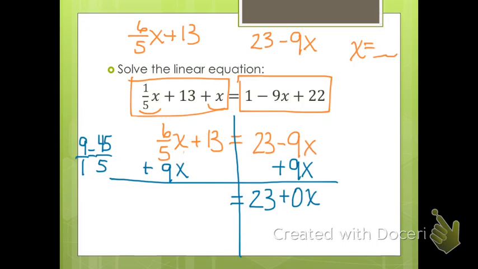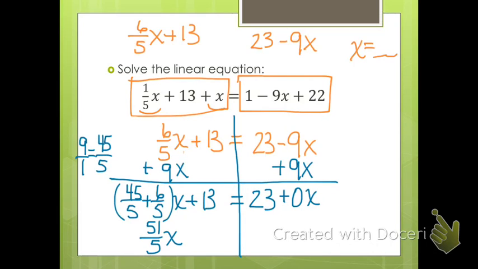So this would be 45 fifths plus 6 fifths times x plus 13. So I use the distributive property there. So this gives me 51 fifths x plus 13 is equal to 23.